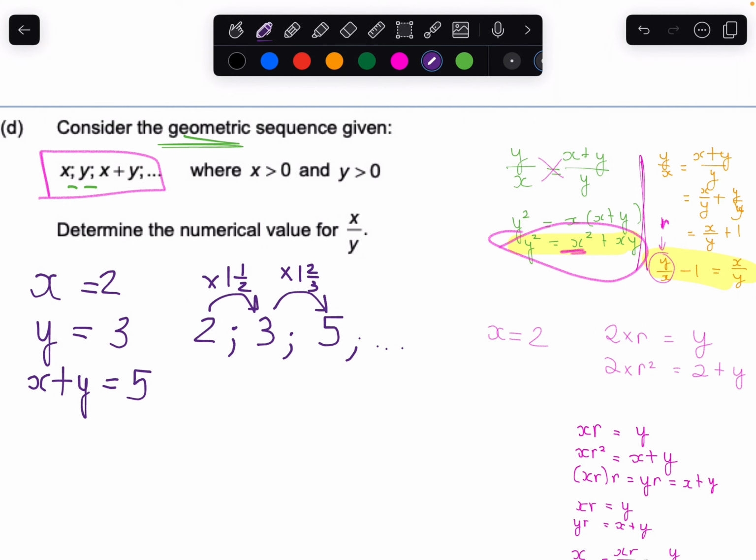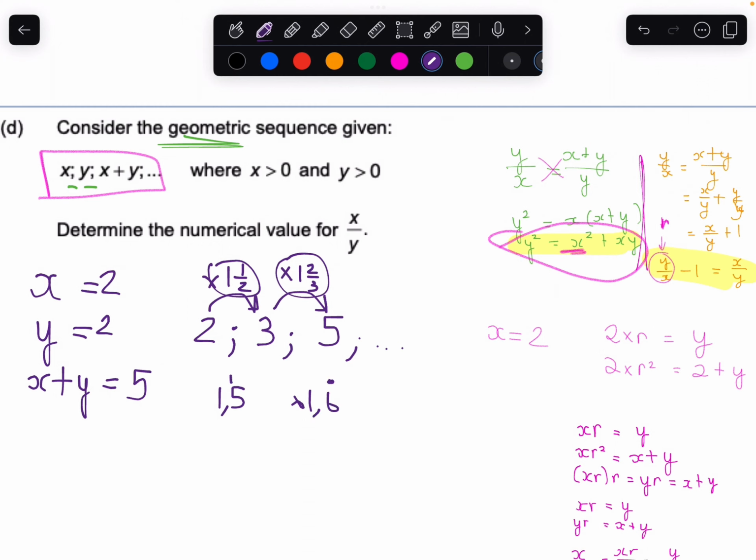I'm going to tweak the 3 so that it's something a bit smaller. I'll put 2.5. But then that's going to shrink this and increase this. That's not what we want. We want to increase this a bit and shrink this a bit so that they can meet, right? Because this is currently times 1.5 and this is times 1.6 recurring.